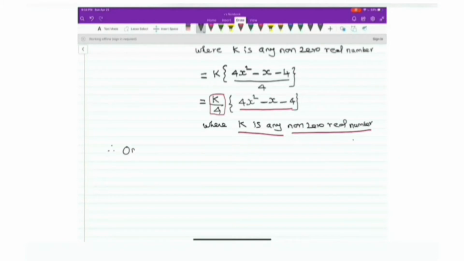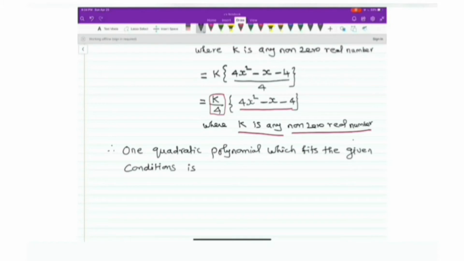Therefore, one quadratic polynomial which fits the given conditions is f of x is equal to 4x square minus x minus 4.